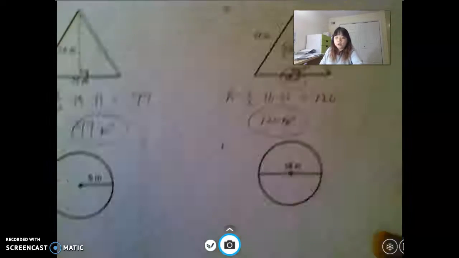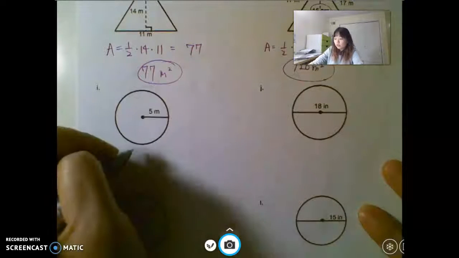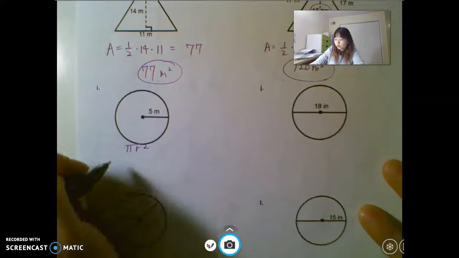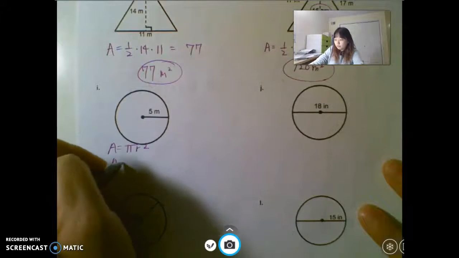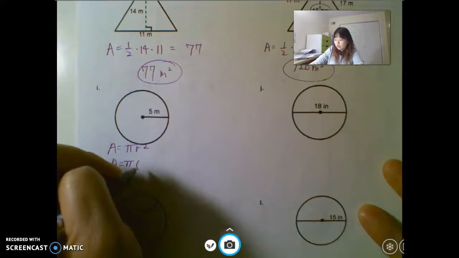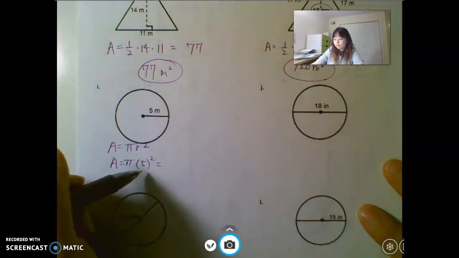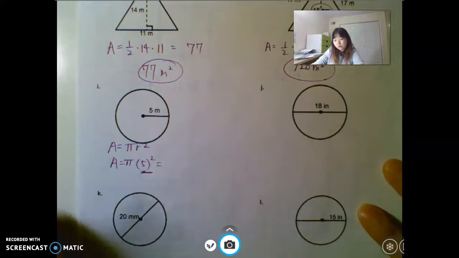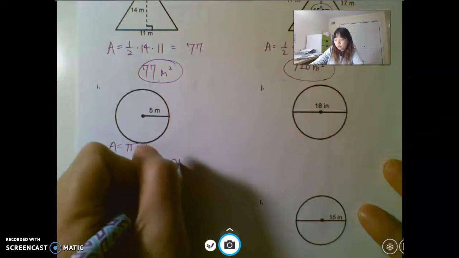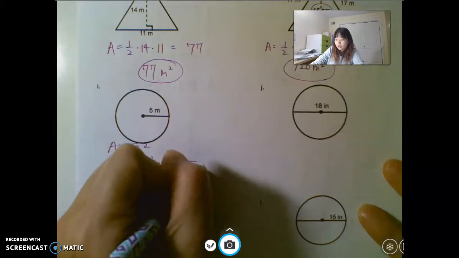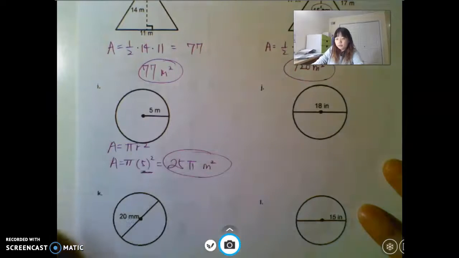Now the circles. Area is pi r squared, so it's pi times 5 squared. We don't use a calculator for pi. You just put 5 squared in the calculator if you have to. That's 25, so it'll be 25 pi meters squared.